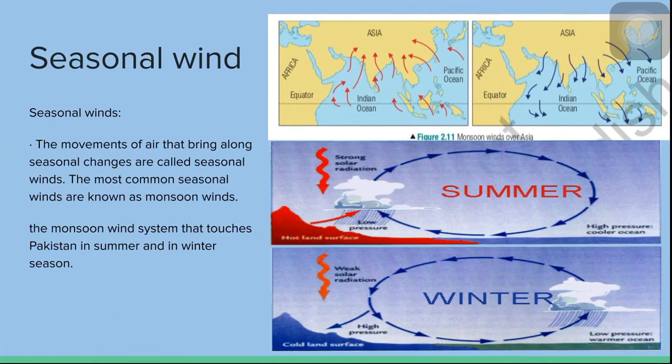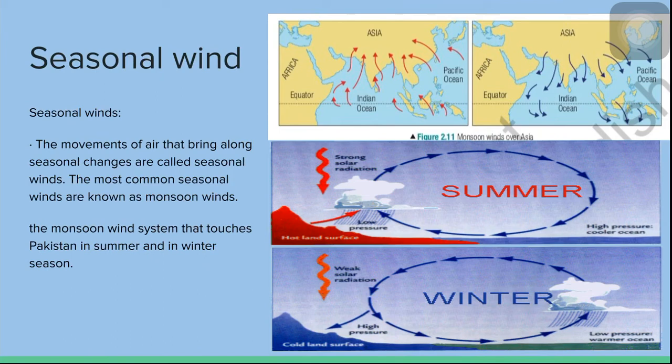That's why the wind blows from the high pressure belt over the sea and brings with it huge clouds, and crashes with the mountains of the subcontinent, and there it rains heavily. That's why this is called summer monsoon. These winds are also called trade winds.